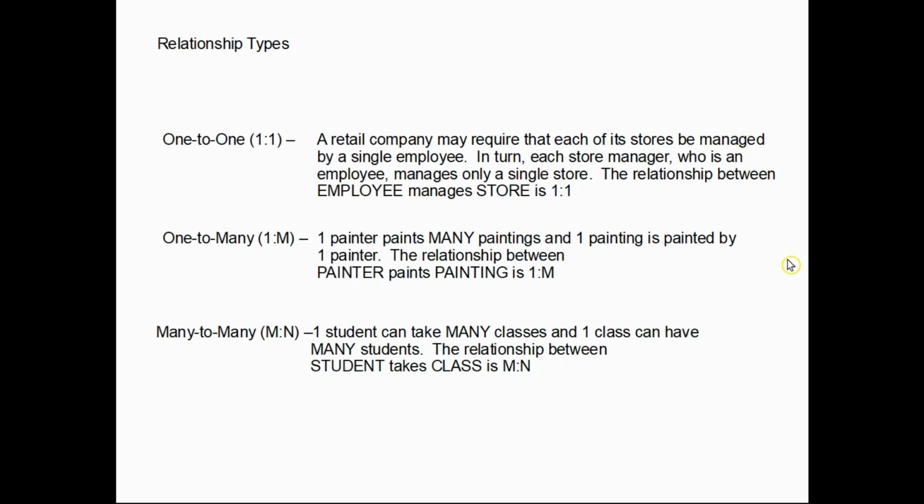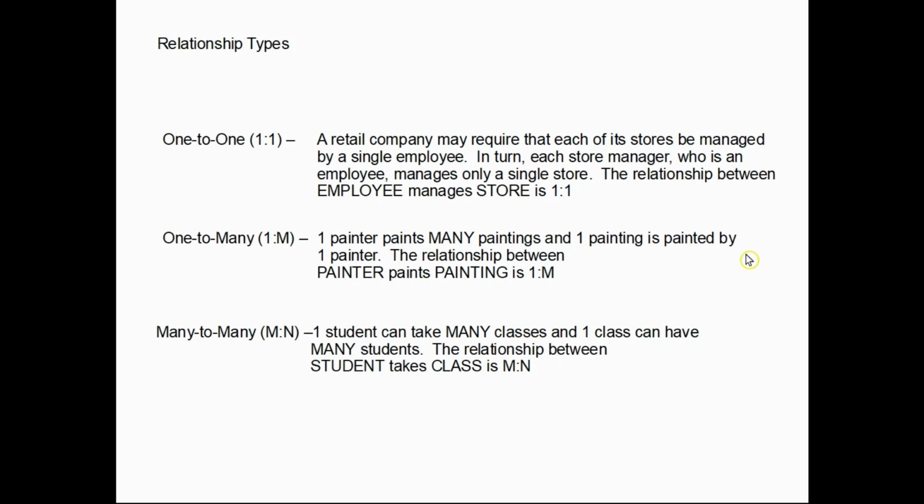A one-to-many, an example of this: a painter can paint many paintings, but each painting is painted by a single painter. So the relationship between a painter and the painting is one-to-many. A many-to-many relationship: a student can take many classes, and each class can have many students in it. So the relationship between a table called student and a table called class is a many-to-many.